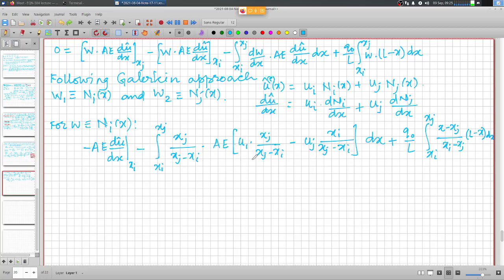Now all these expressions are simple integrals in single variable x, and they can be evaluated. This actually does not have anything, it's just a constant. All the integrand, there is no variation with respect to x, and that is just a constant value.